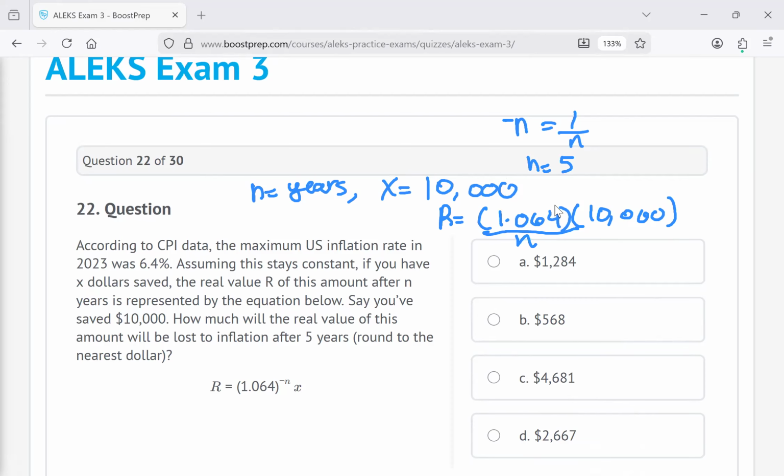Okay. Oops. Error. No, no, no, I think that's wrong. Our n is not 10,000. Double check.